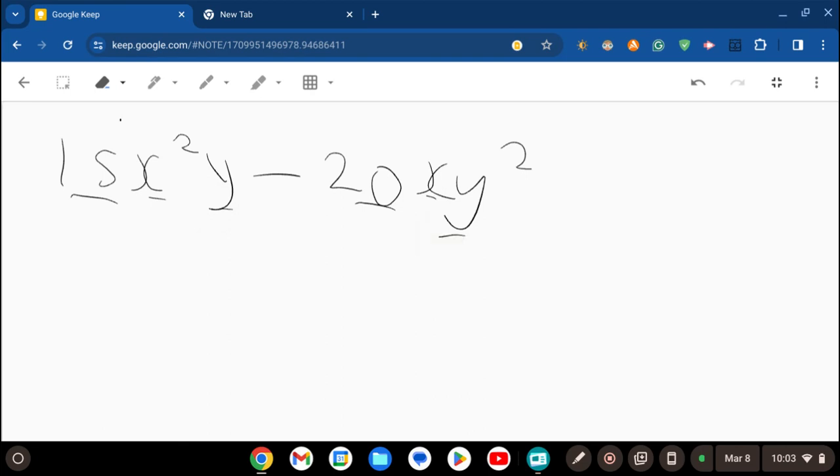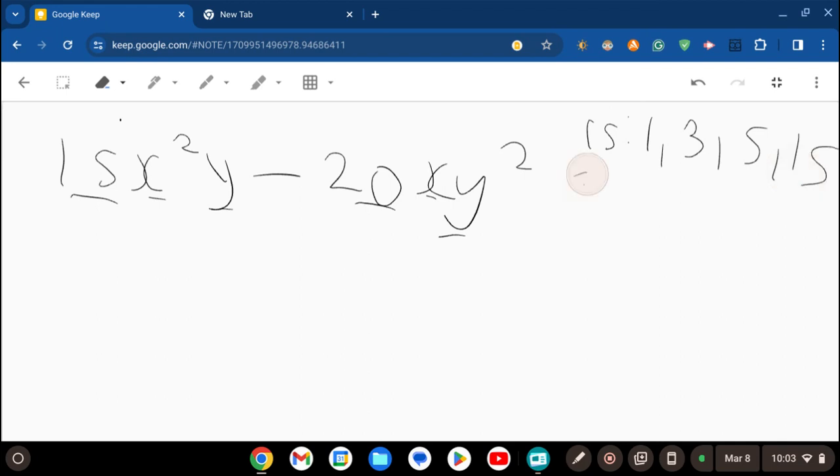So let's start by finding the HCF between 15 and 20. Let's start by listing the factors of 15. These are 1, 3, 5, and 15.